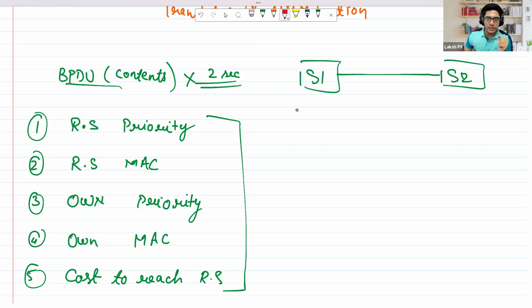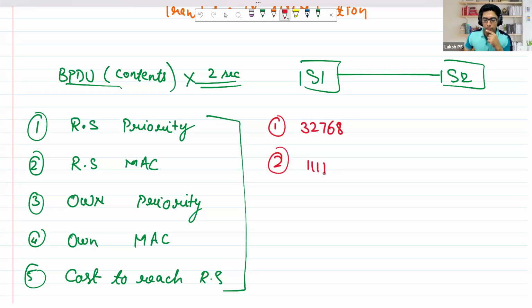Now, when switch number 1 sends its own BPDU, what does it do? As I said, they have been connected just now. So switch 1 will assume that it is the root switch. It will call itself the root switch. So the first item, root switch priority, is 32768 by default. Second, the root switch's MAC address.